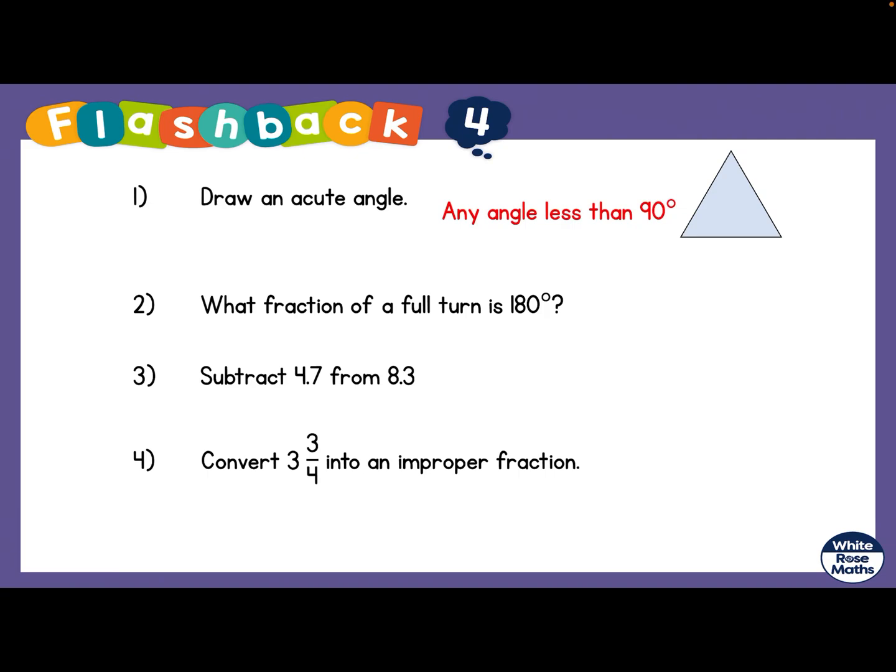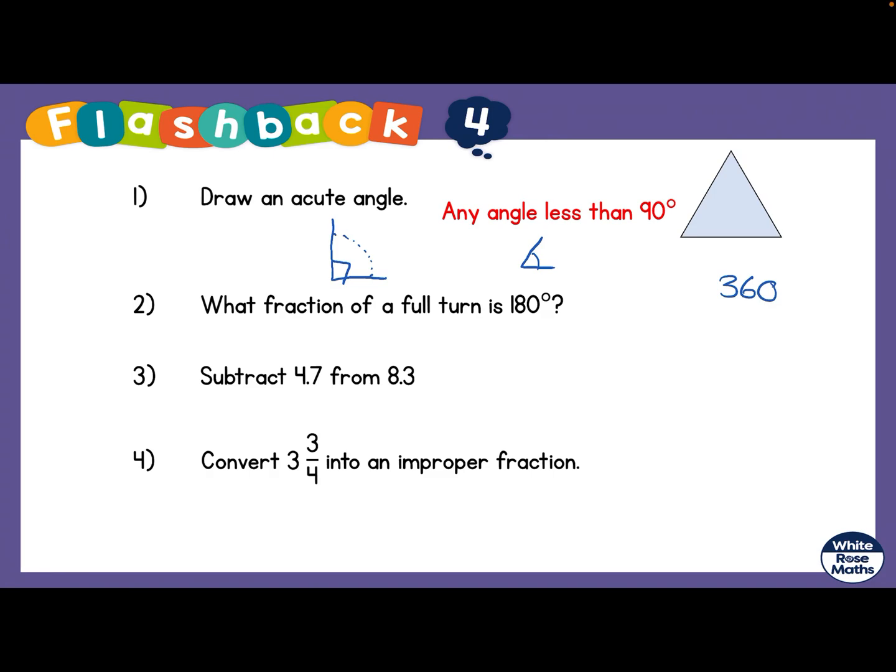So draw an acute angle, that's any angle that is less than a right angle. So this is my right angle, so it could be any angle this side, and you should be denoting that with a little round bit. What fraction of a full turn is 180? So we know a full turn is 360 degrees. What fraction is 180?